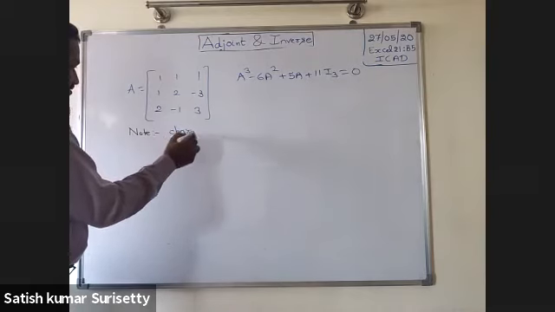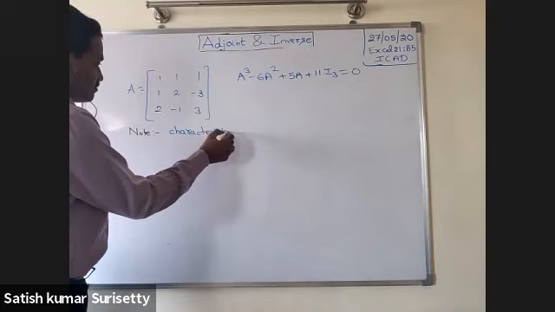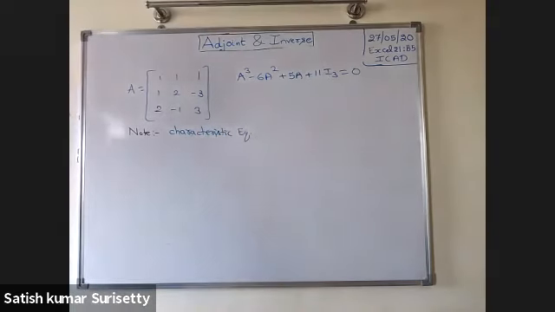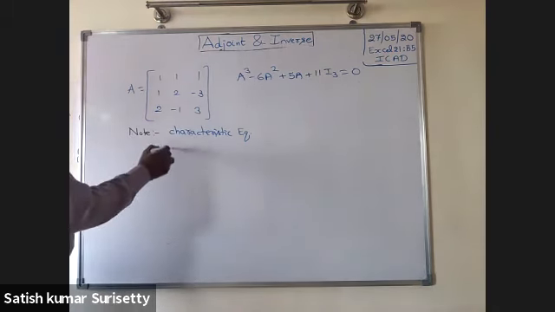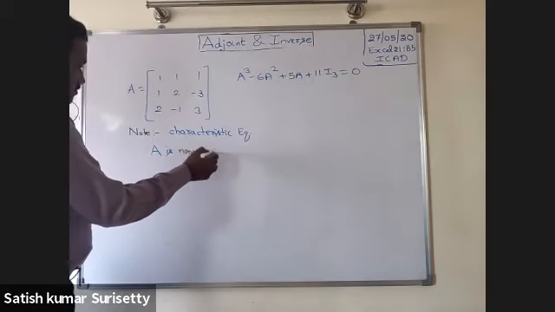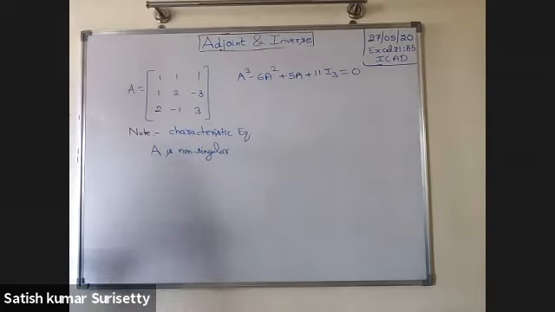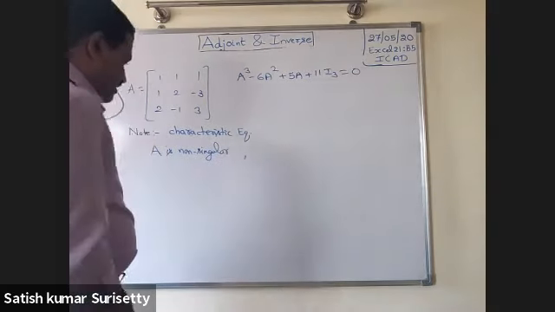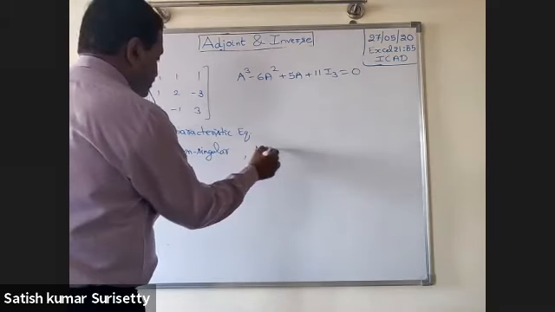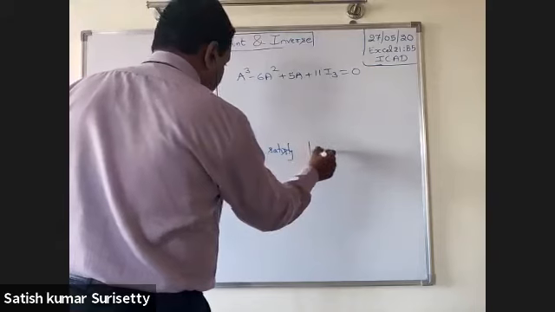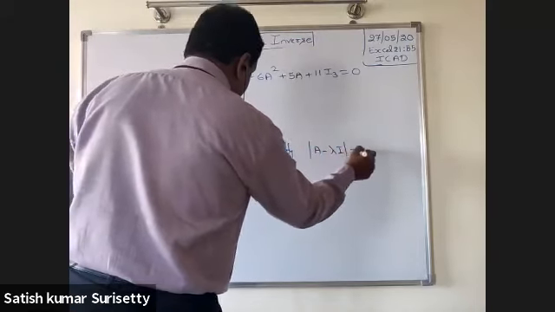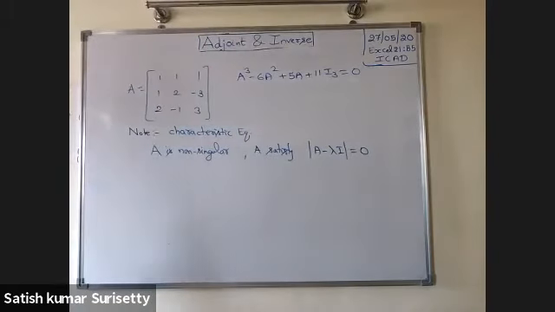Characteristic equation. A is a non-singular square matrix.